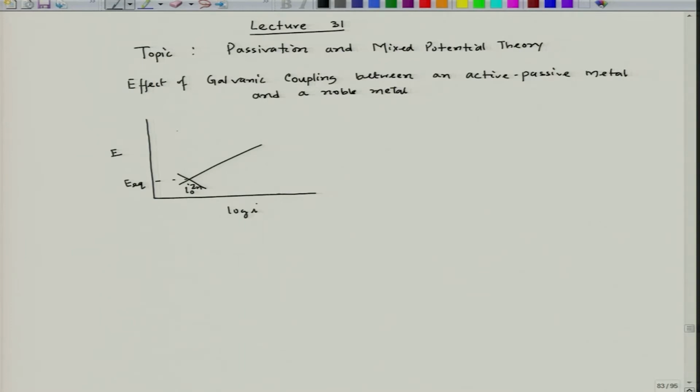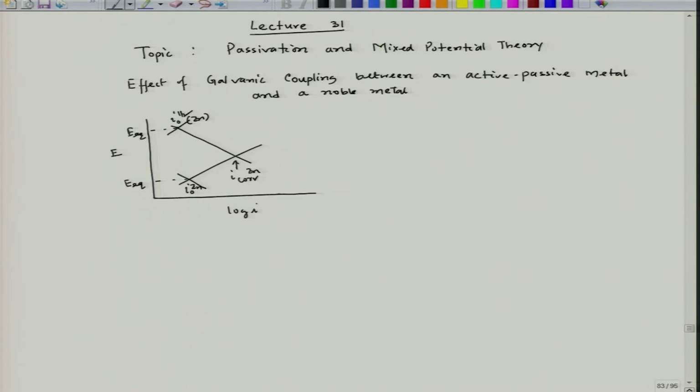So, if it is exposed to hydrogen ion containing electrolyte like acid, there it will have hydrogen evolution reaction on its surface. So, let us say this is the hydrogen evolution reaction on its surface. So, this point becomes E equilibrium and this is I 0 hydrogen on zinc surface, and this becomes my I corrosion of zinc.